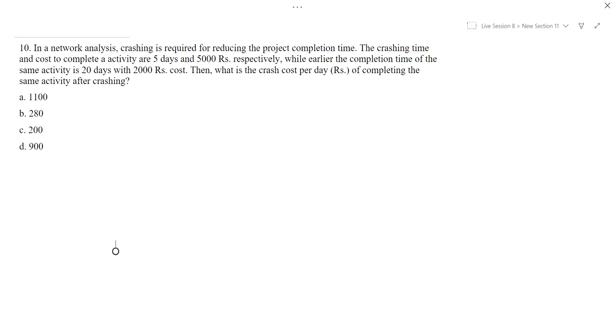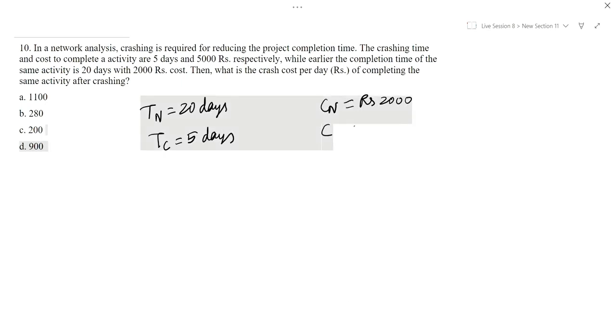Now we had discussed the formula, how the formula came. So here, according to the question, it is given Tn is equal to 20 days, Tc is equal to 5 days, Cn is equal to rupees 2000, Cc is equal to rupees 5000.